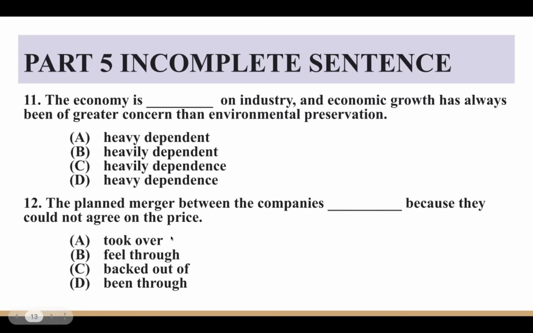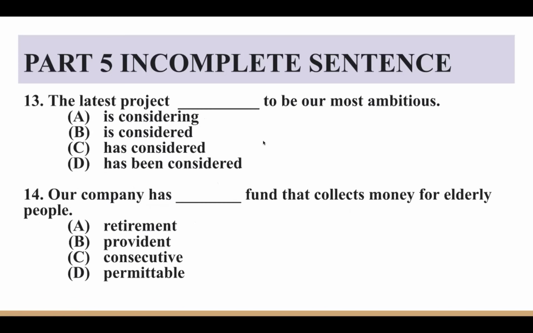It is a controversy, right? I would say that been through might be like experiencing a bad situation here. So the answer we go for is D. It will be a bit difficult, but it's okay. Next, questions 13 and 14, try it yourself, not difficult.